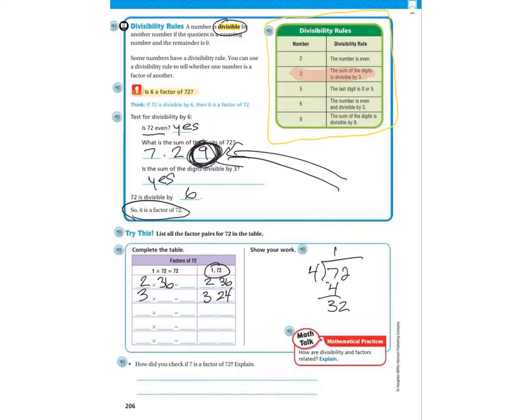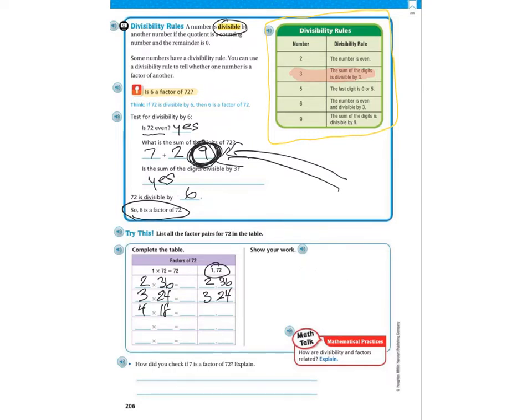Now, 32 divided by 4. Hey, that looks like a basic math fact. So, outstanding. So 8. 8 times 4 is 32, and I am done. My two factors are 4 and 18. 4 and 18.